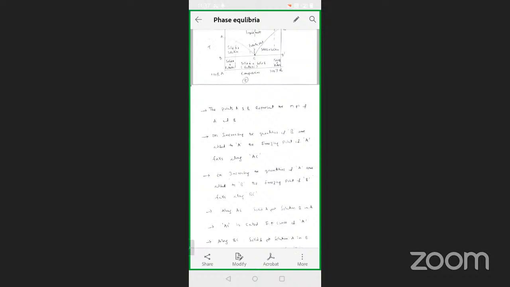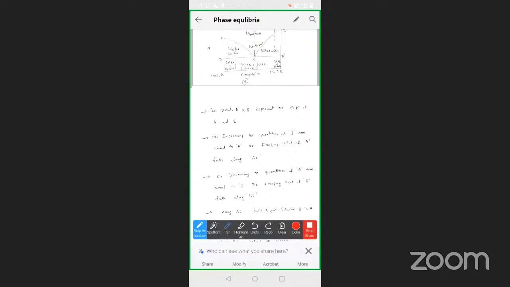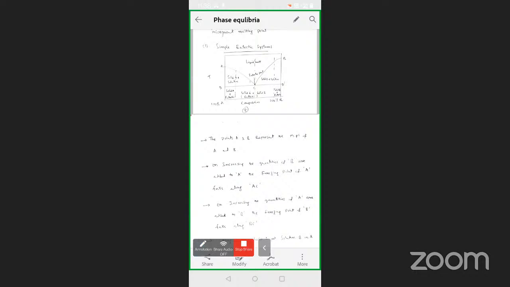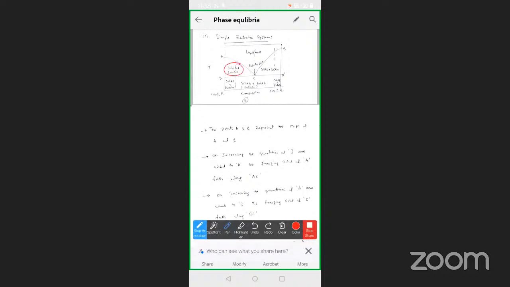Now along AC, solid A is in equilibrium with solution B in A. So this one, solid A is in equilibrium with solution B in A. This one, solid A plus solution.